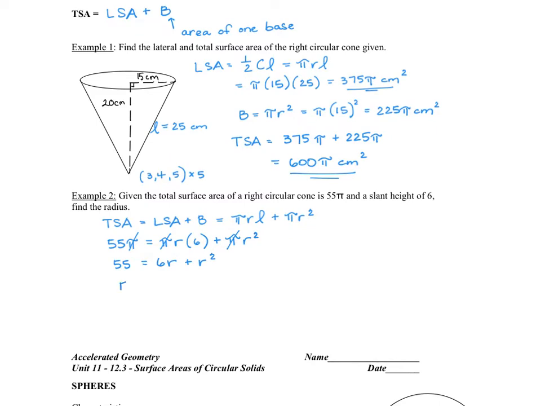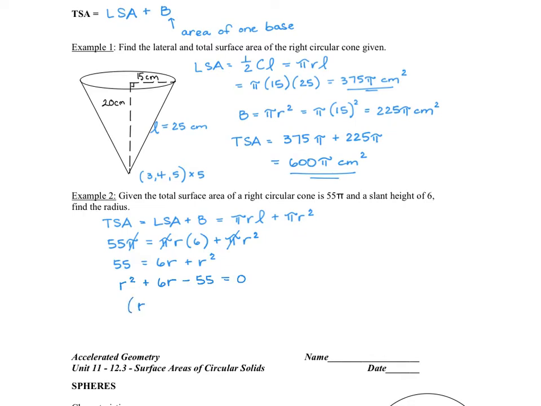And the first step in solving a quadratic is to get it set equal to 0. So if I subtract 55 from both sides, I'll have r squared plus 6r minus 55 equals 0.